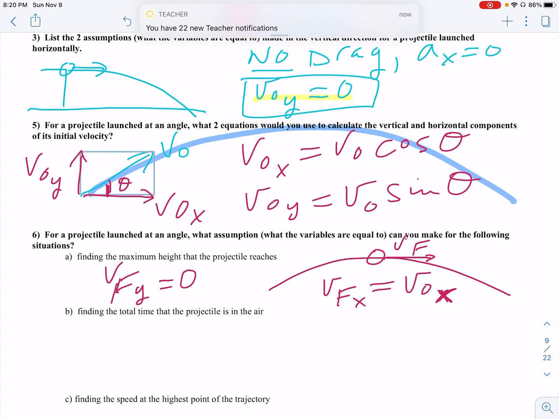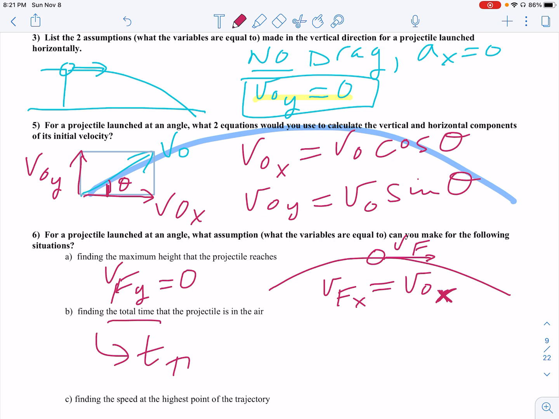Find the total time. Okay, what assumptions can you make? Well, T total equals 2 times the time it takes to get to the top. That's the trick. Time for the total trip is twice the time it takes to get to the top.